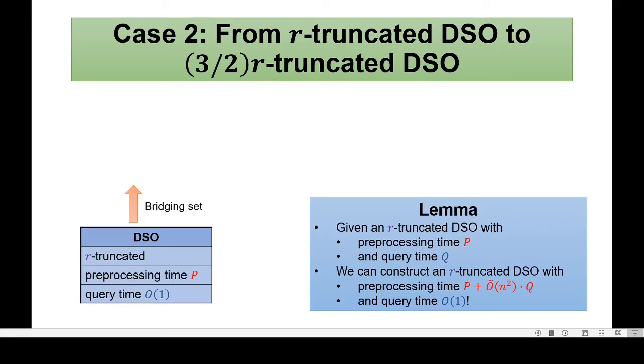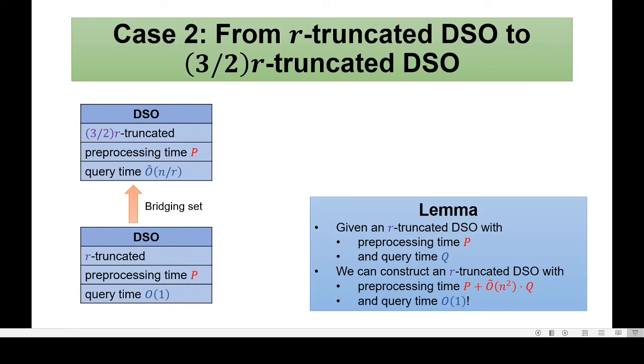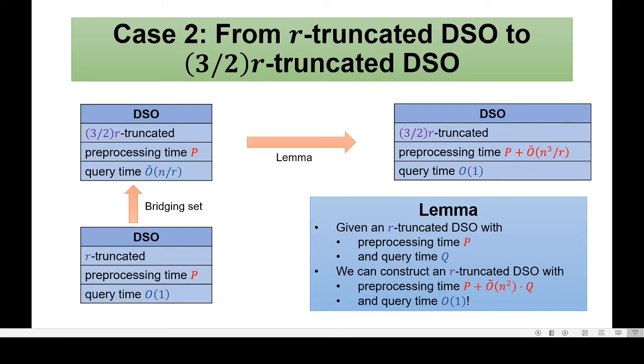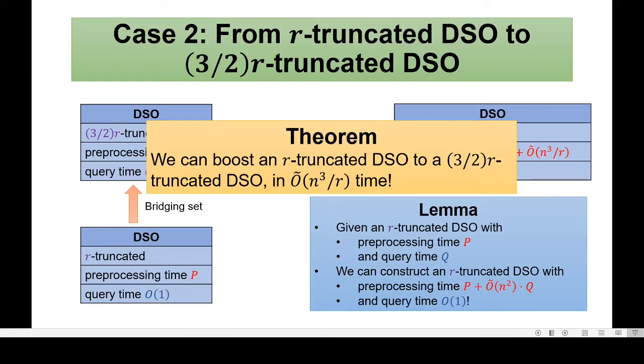We use the bridging set to construct a 3/2 r-truncated DSO with preprocessing time p and query time tilde O n over r. Then using this lemma, we can boost it to a 3/2 r-truncated DSO with preprocessing time p plus tilde O n cube over r and constant query time. So what we get is, we can boost an r-truncated DSO to a 3/2 r-truncated DSO in tilde O n cube over r time.